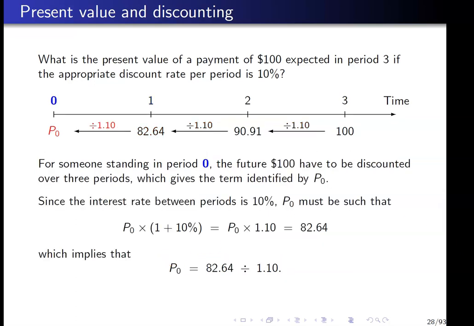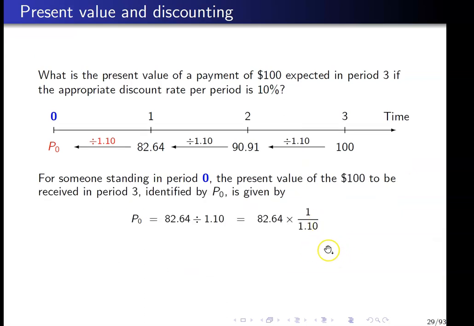And now, if we go back one more period, we will arrive at time 0. Standing at time 0, what is the present value of $100 to be received at time 3? It has to be equal to 82.64 discounted over 1 period, because P0 is the amount we need to invest at time 0 to obtain 82.64 one period later. So if we decompose this equation, P0 is 82.64 divided by 1.1.